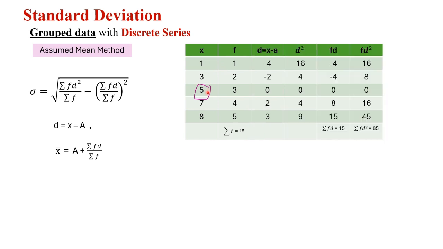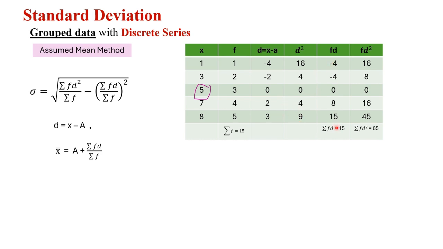Now d is 1 minus 5, minus 4, 3 minus 5, minus 2, 5 minus 5, 0, 7 minus 5, 2, and 8 minus 5, which is 3. Find the d square: minus 4 gives 16, minus 2 gives 4, 0, 2 square is 4, 3 square is 9.